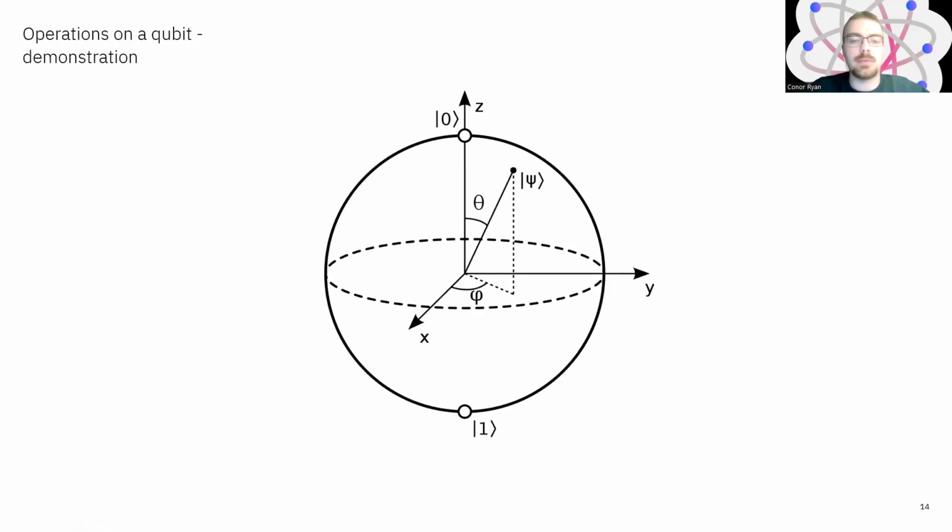So this is the quantum Bloch sphere, which illustrates what a single qubit state might look like. We have our 0 state and our 1 state, our basis vectors for the single qubit, and any arbitrary single qubit state vector psi would be a point on this sphere.